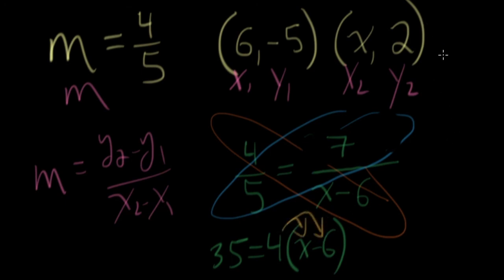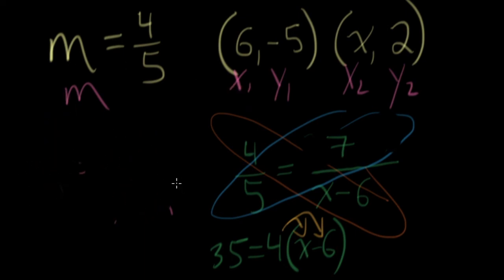So what do we end up getting? Well, let's get some more room here. We'd have 35 is equal to 4x minus 24. All right, I'm going to add 24 to both sides.